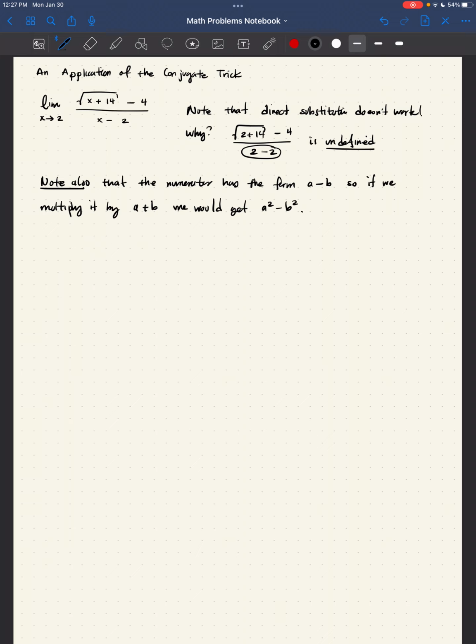Well, let's see. So now we have the limit as x tends to 2 of the square root of x plus 14 minus 4, divided by x minus 2, which should be the same as the limit as x tends to 2 of the square root of x plus 14 minus 4, divided by x minus 2, times the square root of x plus 14 plus 4.